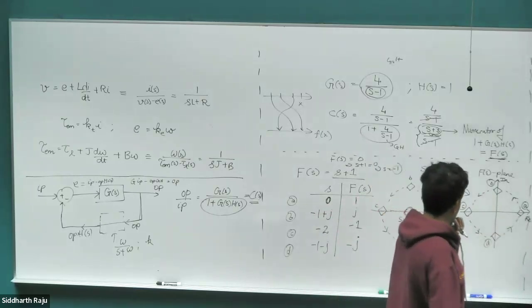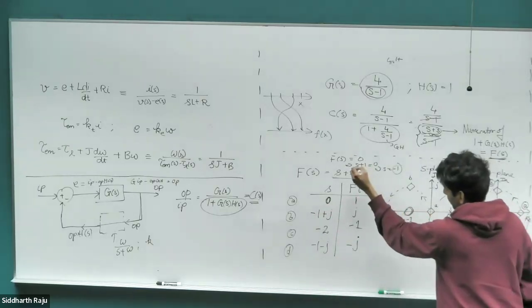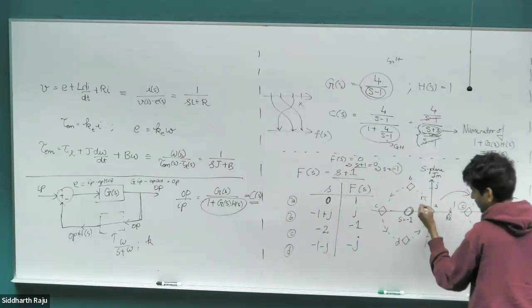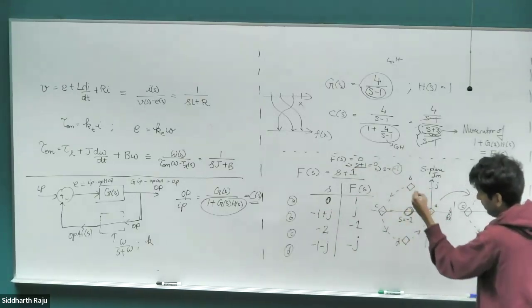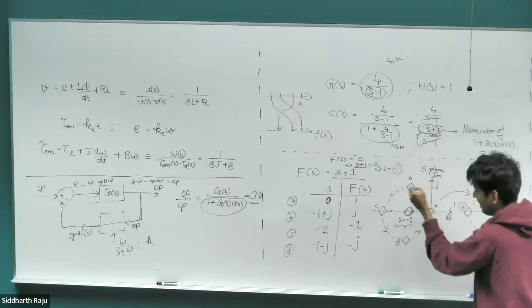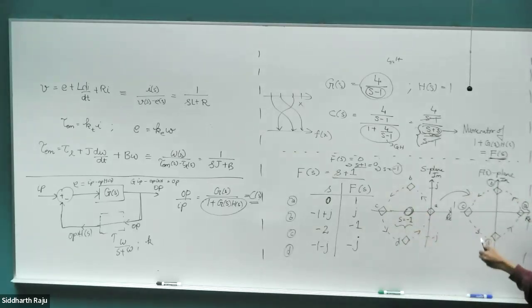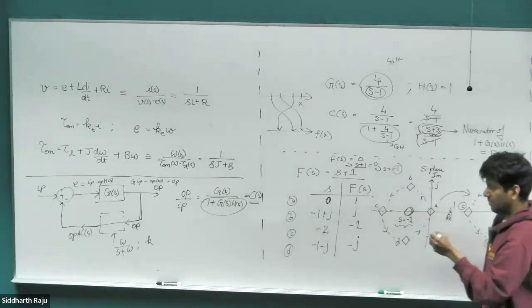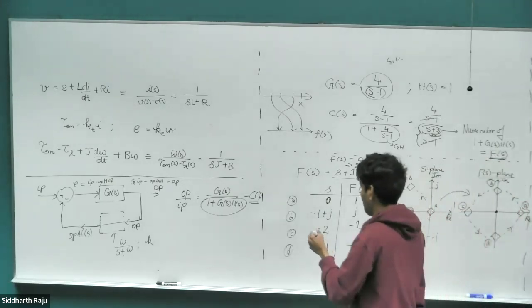So what we observed is if we have a loop that is encircling the 0 in the anti-clockwise direction in the s-plane, then the same loop would encircle the origin in the anti-clockwise direction in the f of s plane, right? Again, we are demonstrating this by a bunch of examples.